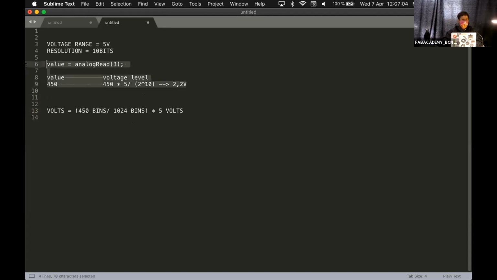Let's put another quick example, and I want someone else answering. What happens if I have a 16-bit ADC and a 3.3 volts voltage range, and I am reading the same value?